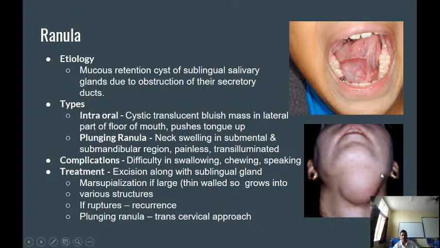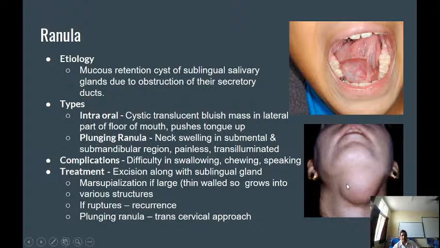Plunging ranula is the same cyst, extending through the mylohyoid muscle and presenting in the submandibular or submental region of the neck. So that is the plunging ranula.